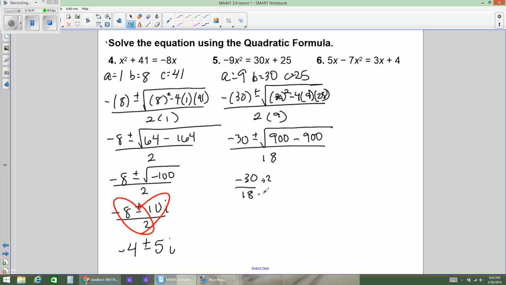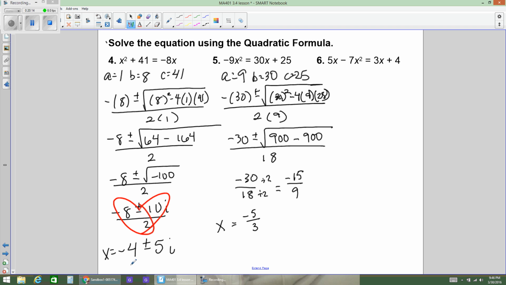I can for sure reduce it by 2. So think like dividing. That's what came to my mind immediately first. And now I'm thinking I can reduce by 3, so negative 5/3. And it's equal to x. And I'm going to come back to number 4 and say x equals, because I should have.